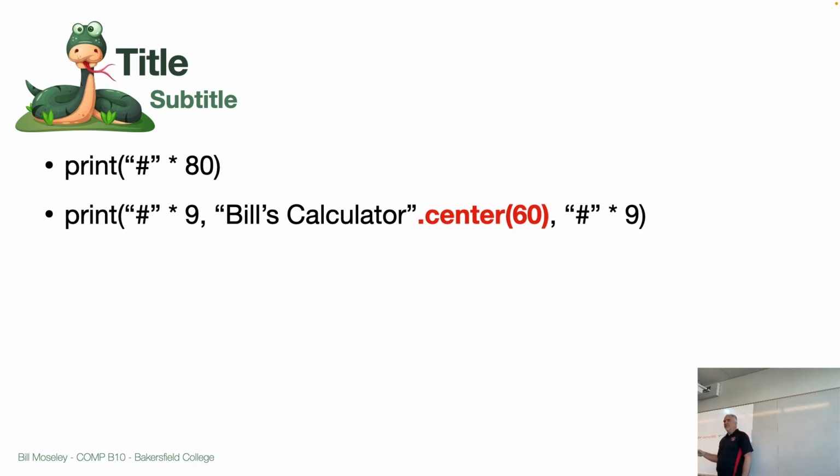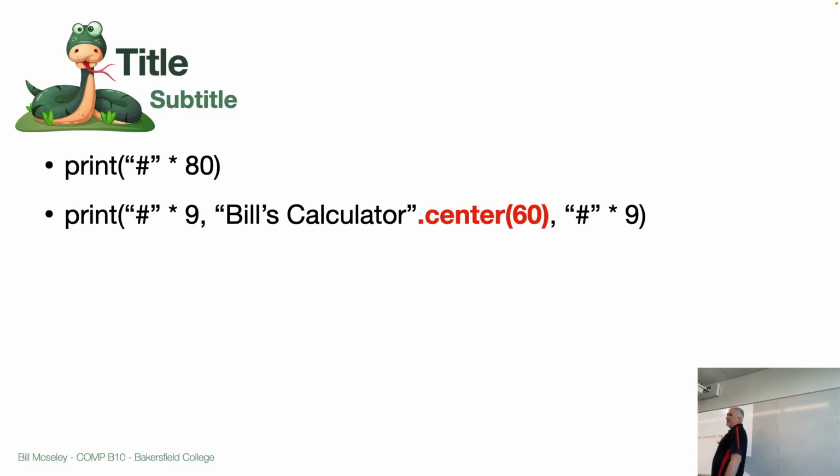What that does is it takes 60 spaces and puts this exactly in the middle of it. The whole thing will take up exactly 60 spaces, which is nice because it allows me to be very precise about my line. And then, notice the commas, it'll print 9 more number signs.